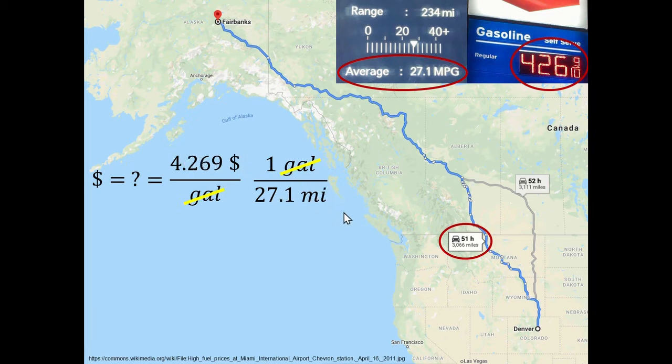two numbers. So now I'm going to take this number here, the 3,066 miles, and I have miles in the numerator up here. I put it over 1 just to emphasize that it's in the numerator. And then miles in the denominator, miles in the numerator cancel, and my unit now is just dollars.